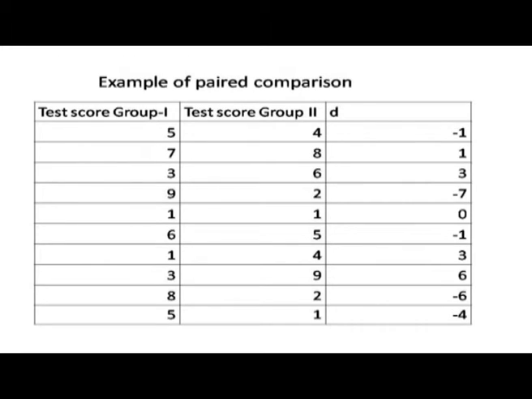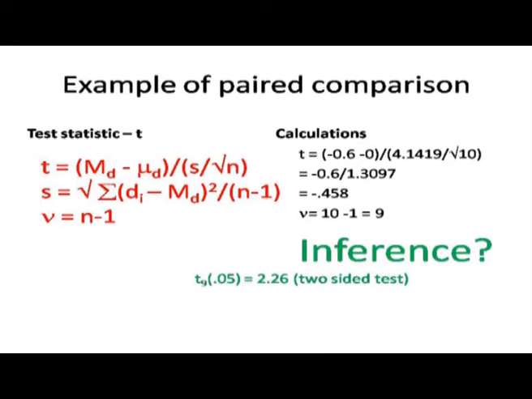This is an example of paired comparison. These are the observations on one group, observations on another group, may be control, experimental, d the difference. Then t for difference: mean of difference minus hypothesized mean, which will be 0, divided by S by root n.